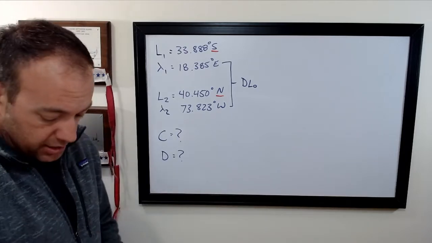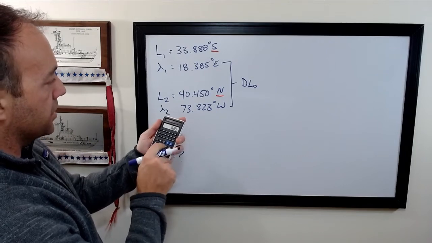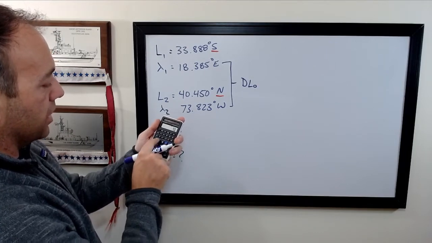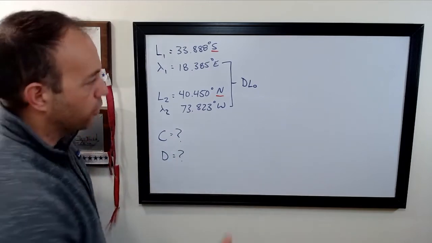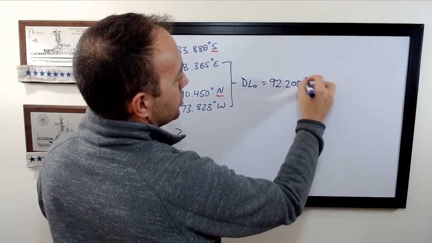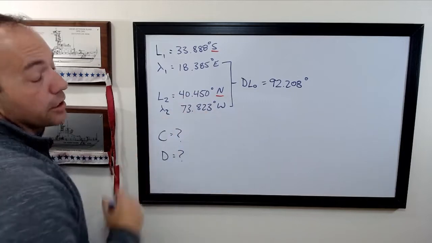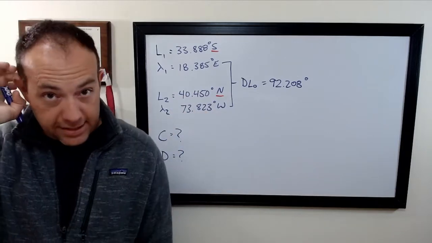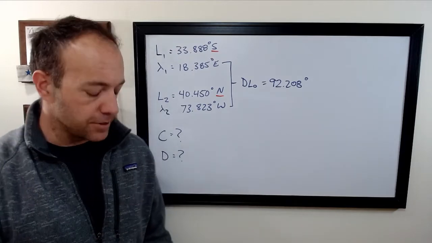All right, so let's calculate that. 18.385 plus 73.823 gives you 92.208 degrees difference in longitude. All right, so very important. Crossing the hemispheres we have to add in this case, but truthfully, if you think about it, you're just looking for the absolute difference between these two here.